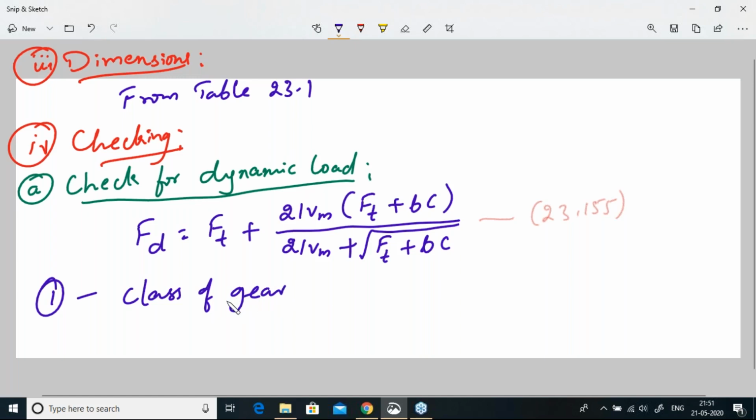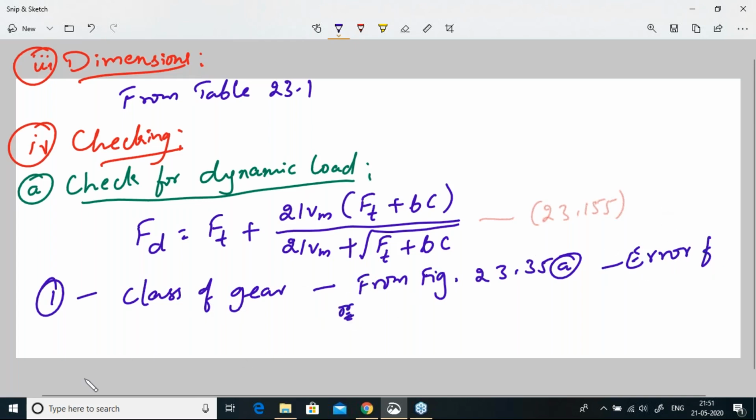So if we know the class of gear, then from figure 23.35a, for the given class of gear and module, calculated module, we will get the error F. If we don't know the class of gear, we can get this error F in the second method, that is with the help of velocity V or Vm.